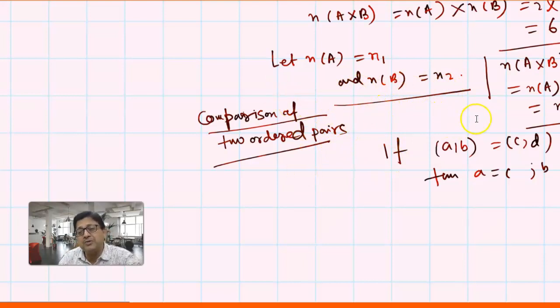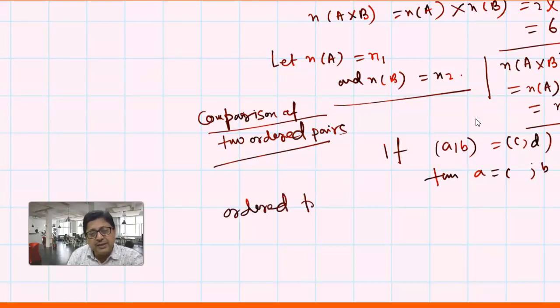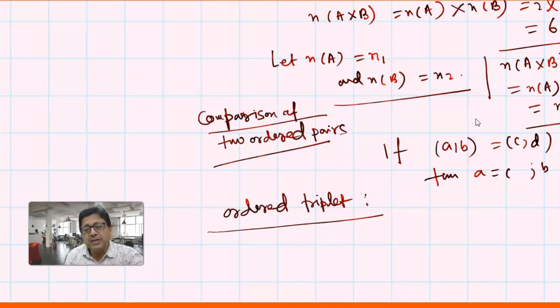Comparison of two ordered pairs we have learned, and then like the ordered pair, there is also the ordered triplet. How to define an ordered triplet? This ordered triplet will be of the form (a, b, c).